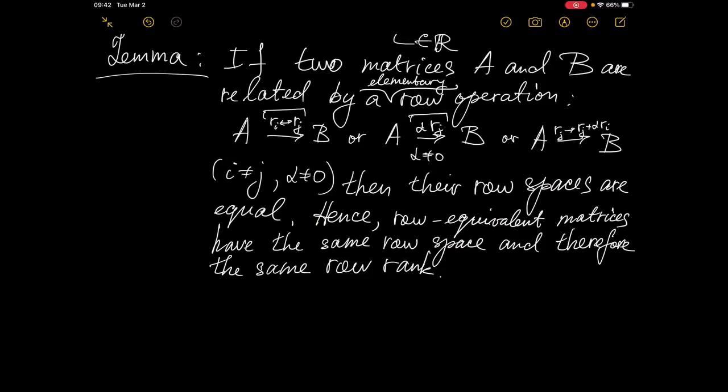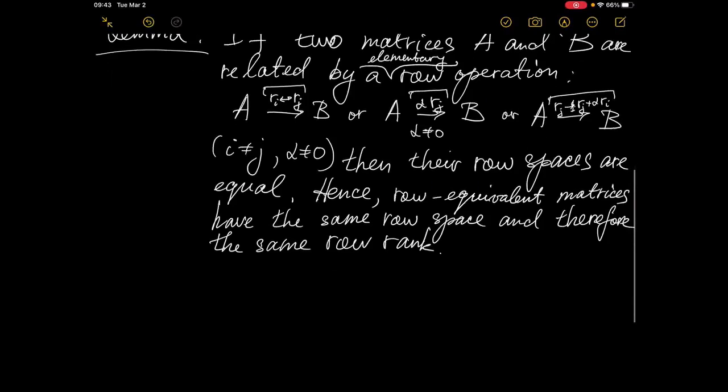So it's one of the simplest cases of linear combination, right? And here, this is also a linear combination with coefficient 1 on Rj and alpha on Ri. So again, a linear combination of rows.